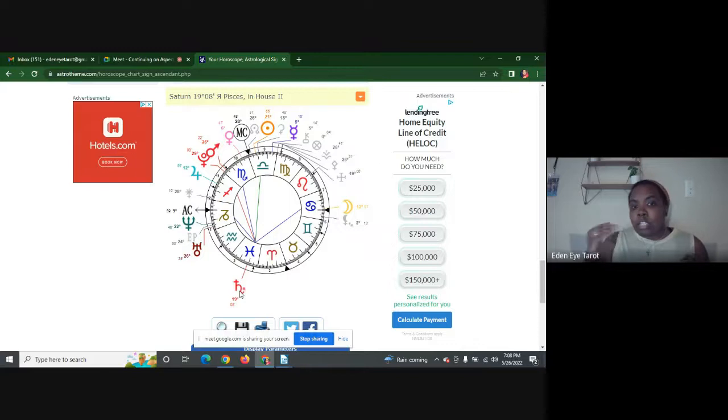And then that square with Saturn would be some tension with maybe the view that siblings have of your views or spirituality, or even living in an environment that isn't the most accepting of those spiritual views, or maybe having a hard time escaping certain fears when it comes to being more vocal about your spirituality with the people around you.